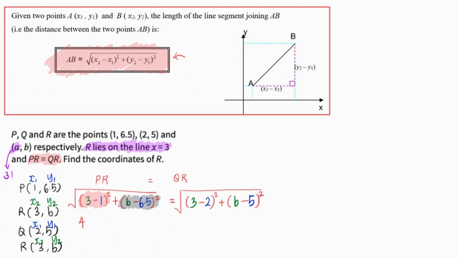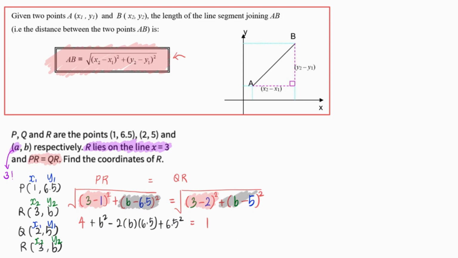Okay, so I will have b square minus 2 times b times 6.5 plus 6.5 square, equals to, I will replicate for the other side here, 3 minus 2 bracket square equals to 1.